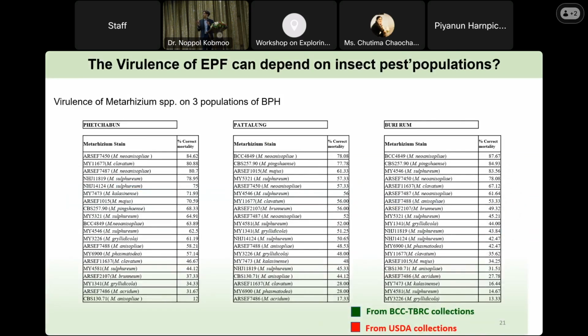I would also like to emphasize why it is important to screen a large collection. For example, here are some preliminary results of our test on brown plant hoppers.